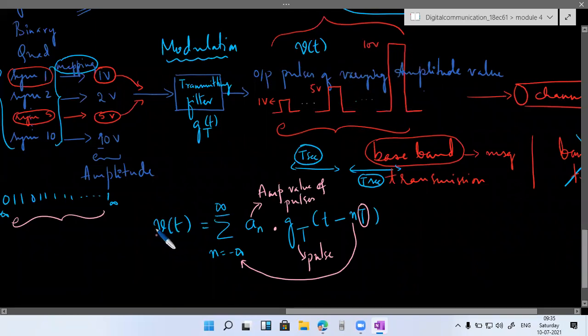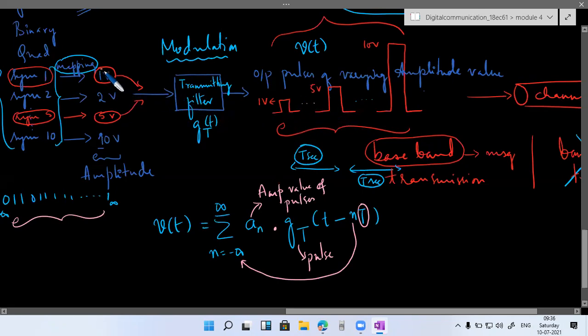So I can think of this V of T as follows: I have pulses, and I'll represent these pulses with G subscript capital T of T minus NT, where this capital T denotes that for every T seconds I'll end up with a new pulse. For every T seconds, the transmitting filter will generate a new pulse.